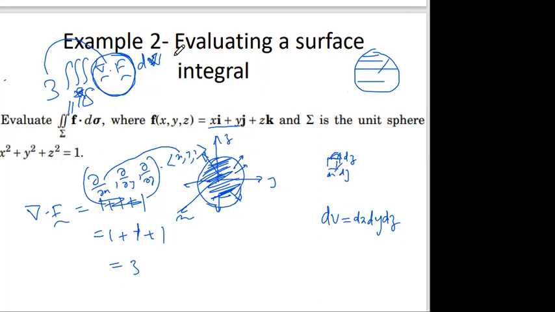So this is a constant 3, 3 times the triple integral throughout this volume. So this gives you the volume of a sphere. What is that? Do you remember? We can use that. Yeah. What is the volume of a sphere?